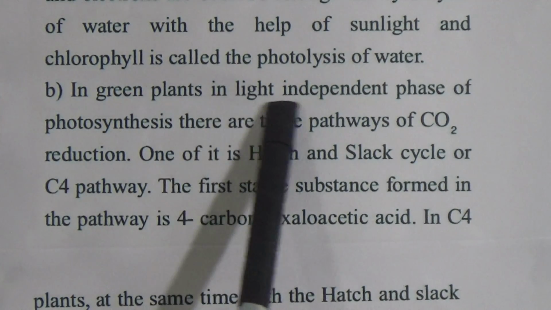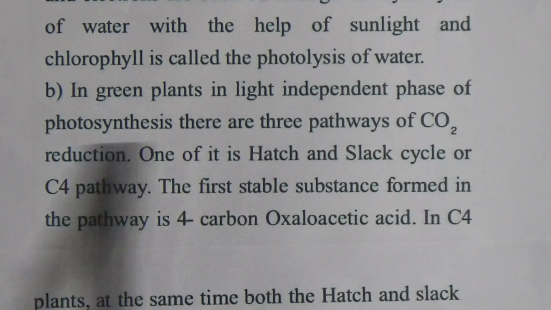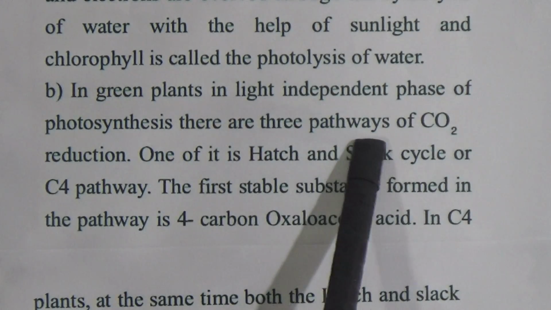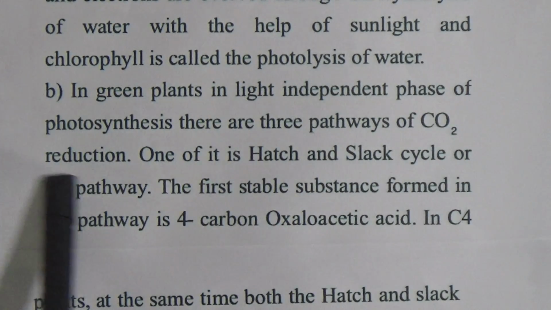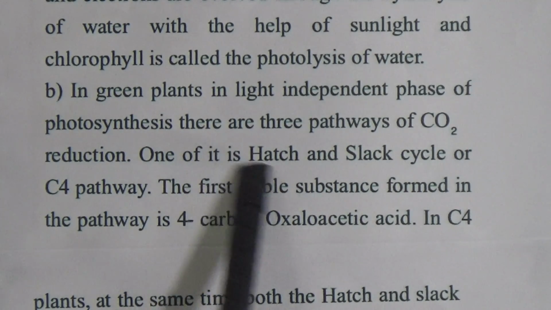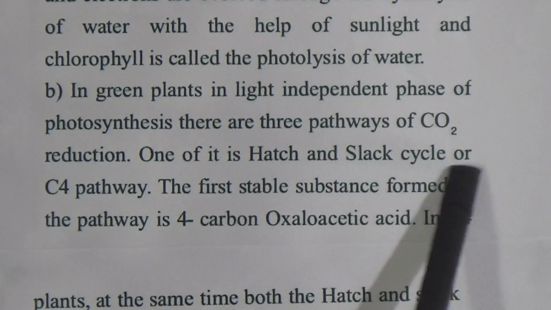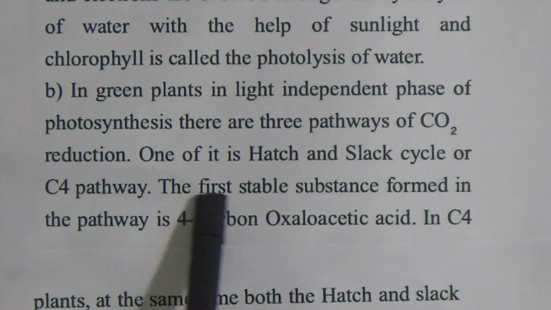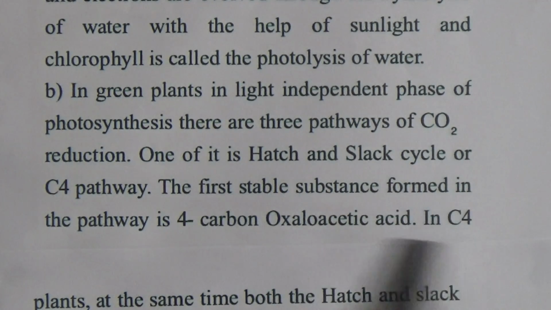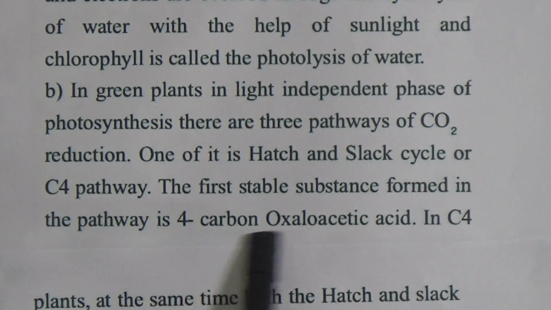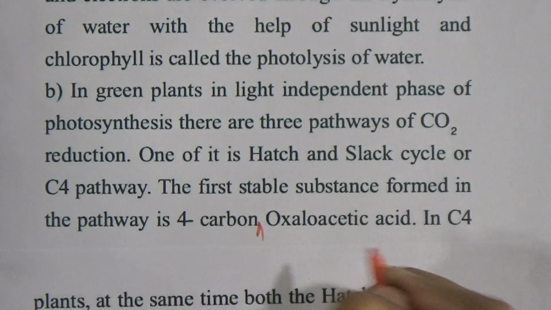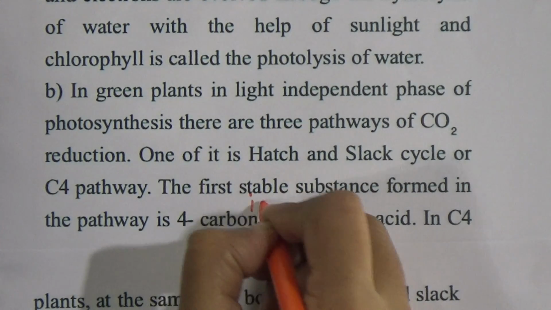In green plants, in the light independent phase of photosynthesis, there are 3 pathways of carbon dioxide reduction. One of them is the Hatch and Slack cycle or C4 pathway. The first stable substance formed in the C4 pathway is oxaloacetic acid.